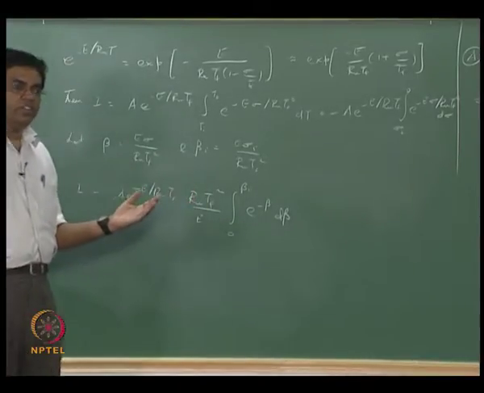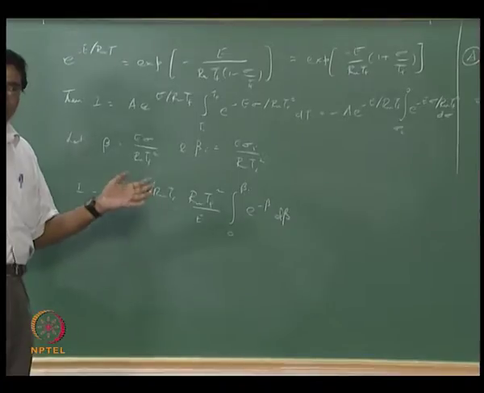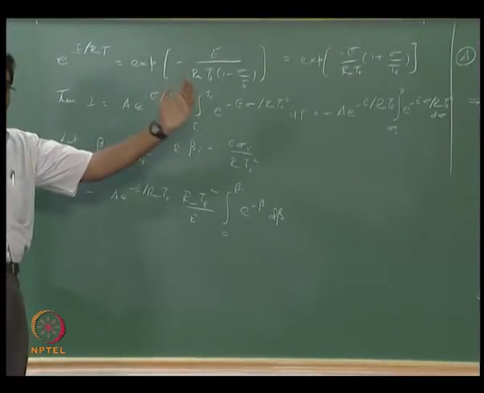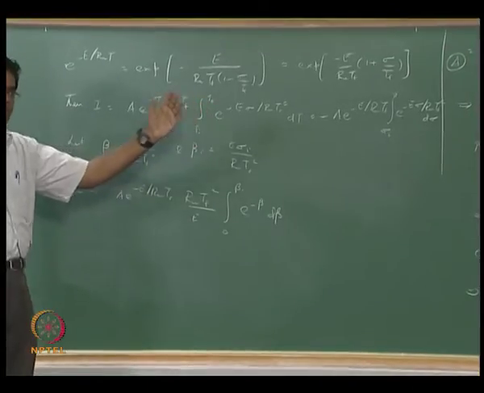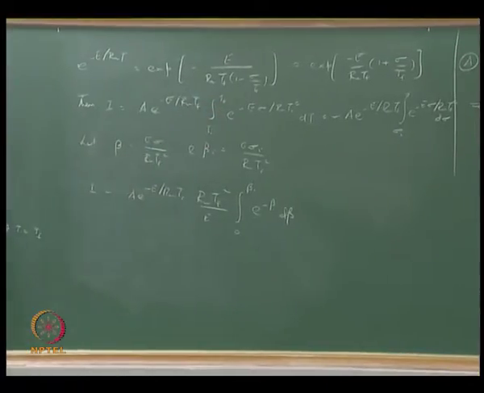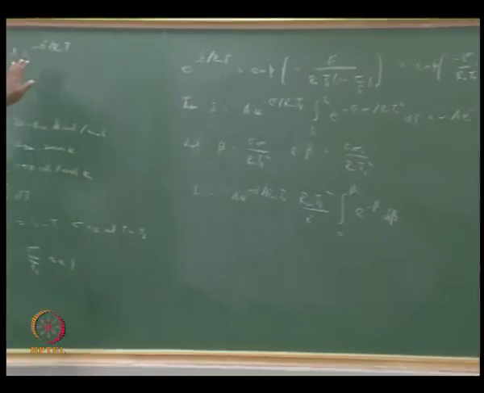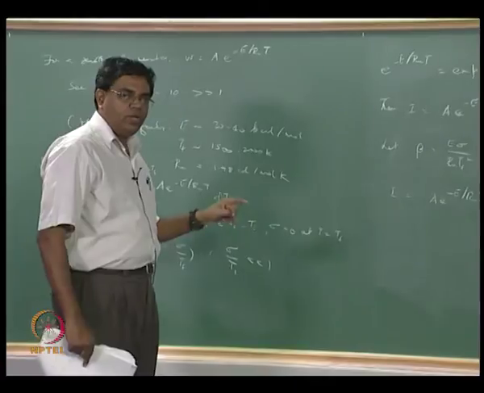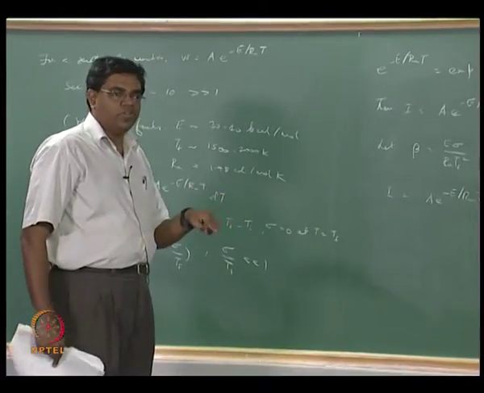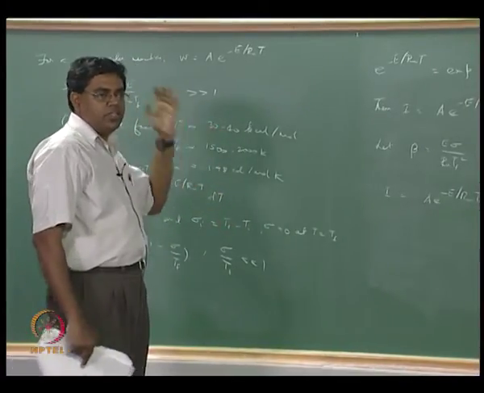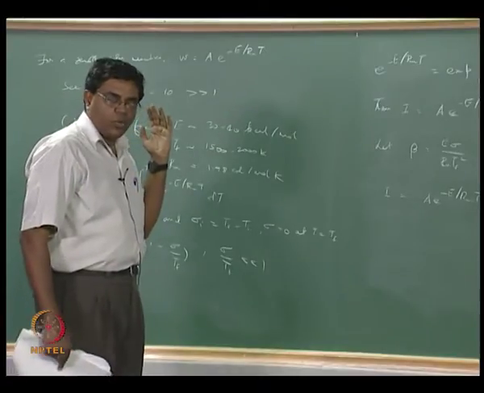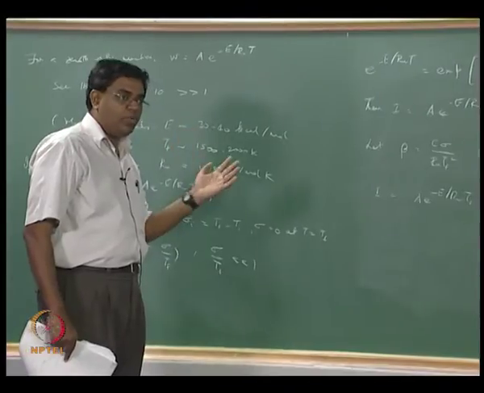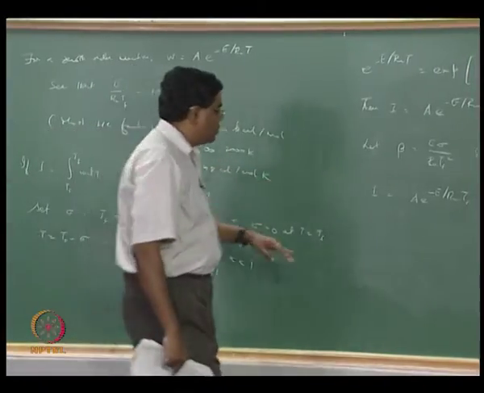W naught infinity is essentially the W evaluated at the reactant concentration levels and product temperature levels. We are now doing a 0th order reaction whose reaction rate does not depend on the reactant concentrations anyway, so we do not have to worry about the naught part of the W naught infinity. We do not have to worry about evaluating it at the reactant temperatures. What we have to be looking for is to evaluate it at the product temperatures, which is what this is.